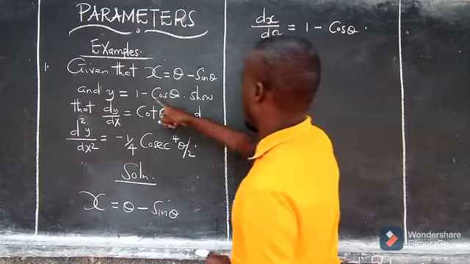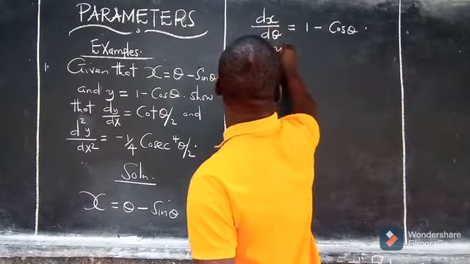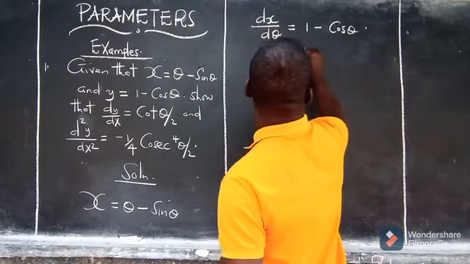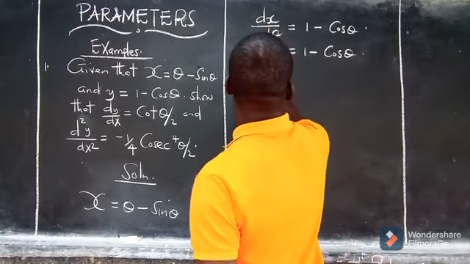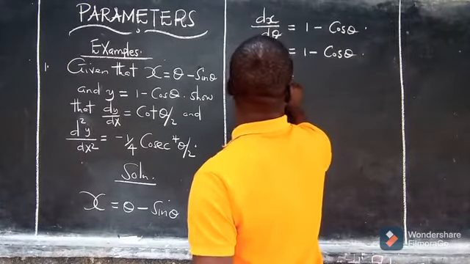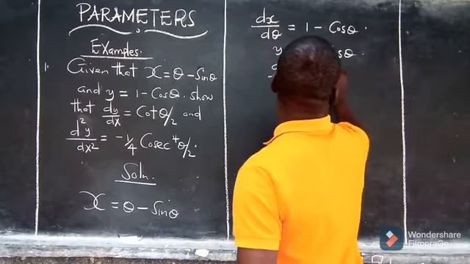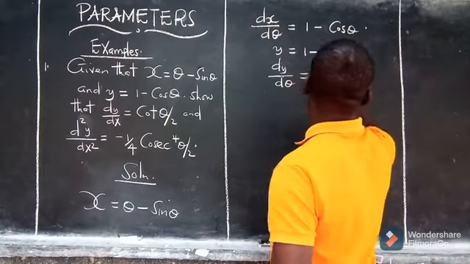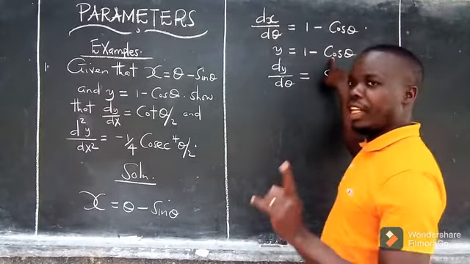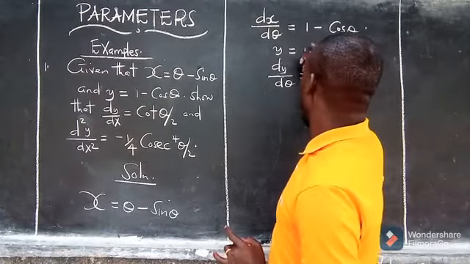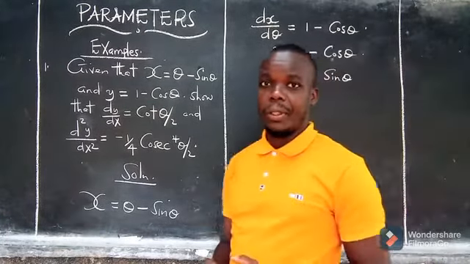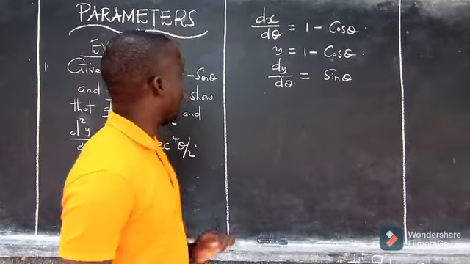Then I also pick up this function here: y equals 1 minus cos of theta. It means dy/dθ will now be sine theta. Why am I saying sine theta? Because when you differentiate cos, you get a negative, and a negative will give us a positive. When you differentiate the 1, you get 0.